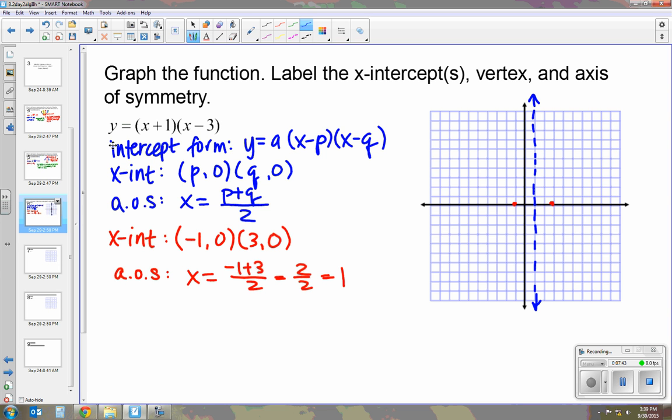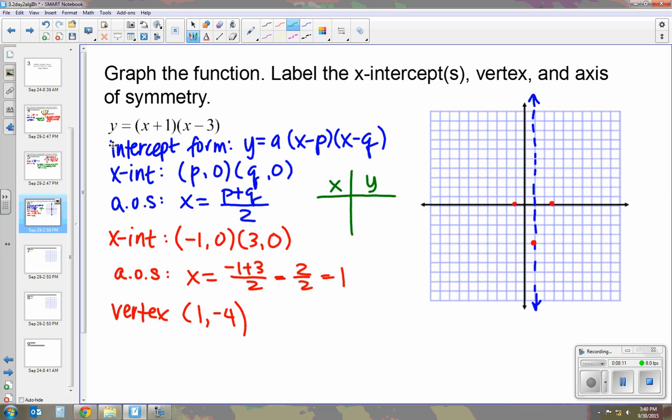Now that we know that our axis of symmetry is 1, we can find our vertex by plugging 1 into the original function, and we get -4 when we plug that in. So we're going to graph 1, -4. Just to get one or two more points in there, let's do a table of values really quickly.